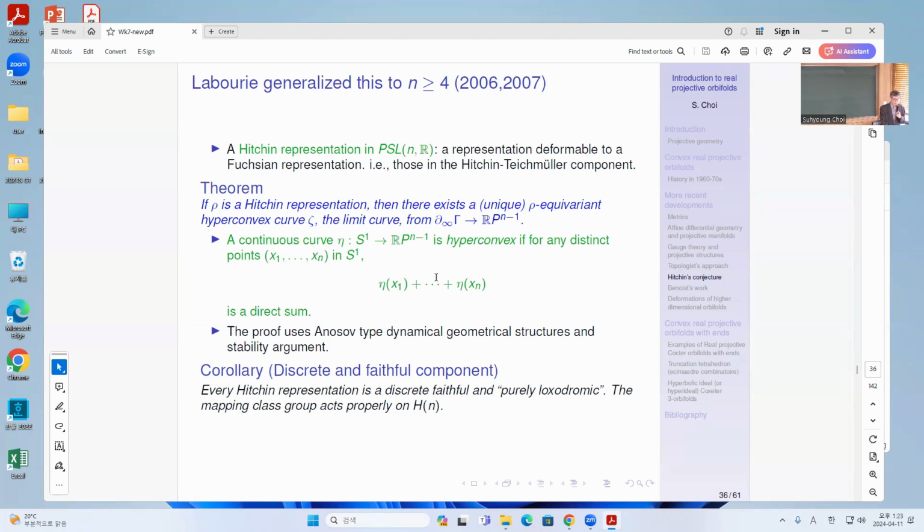That's how we show it is faithful. And purely loxodromic, because at each point there's going to be some sort of flag, and actually in this case even a frame is going to be preserved, so it's always completely diagonalizable with positive eigenvalues which are different. Okay, so purely loxodromic means that kind of thing. And then the mapping class group acts properly on this H_n. Again, that's following these ideas.